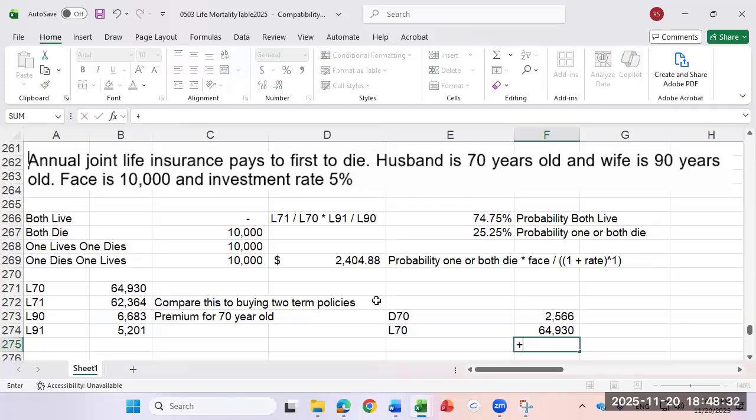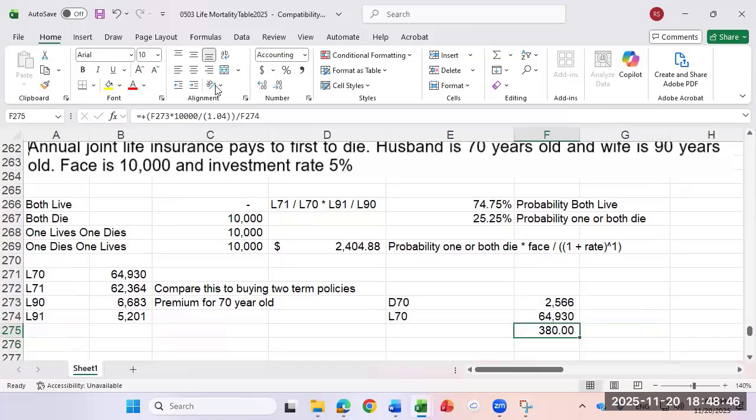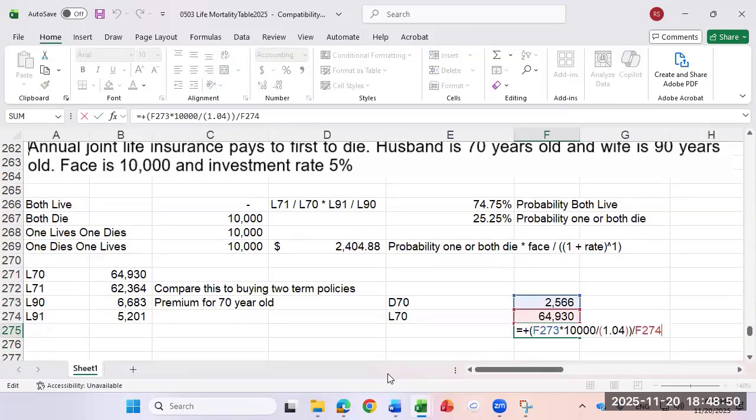So you take D70 times $10,000 divided by 1.04. You divide that by the premium. So that's $380. That's our standard formula. You take the D70 times the face divided by 1.04, divide all by the premium, I mean, by the livers.